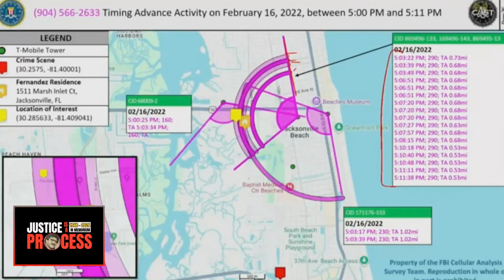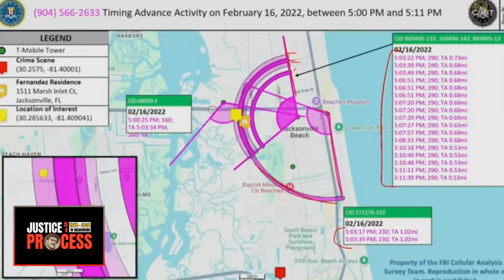And you can also see 2 events from the tower located near the Oceanfront Park sign on the map at 5:03 p.m., 1.02 miles from the base of the tower that intersects with the other bands. When you have timing advance bands that intersect geographically, that are close in time, that's where you're going to find the phone, is at that area of intersection. So intersection gives you some more precise location than just bands would.